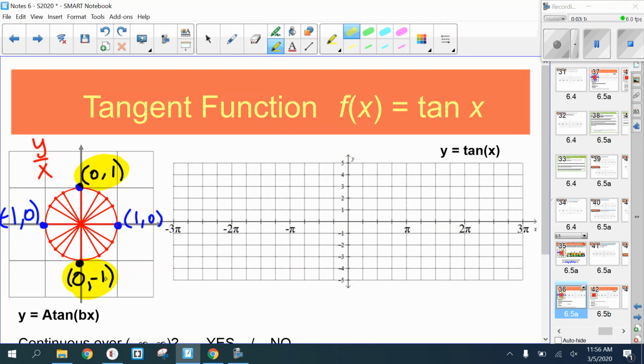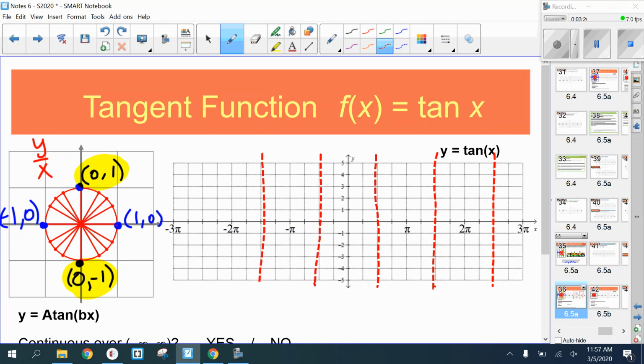Namely, at pi over 2, there's going to be an asymptote. And at 3 pi over 2, asymptote. And at 5 pi over 2, or if you go around the circle backwards, negative pi over 2, negative 3 pi over 2, negative 5 pi over 2, there's going to be all these asymptotes. That's kind of your boundary line between those curves.